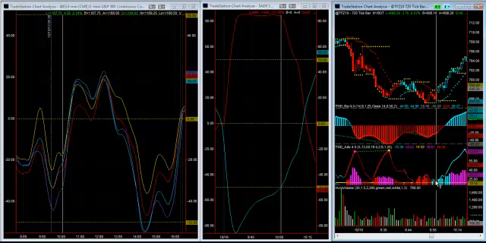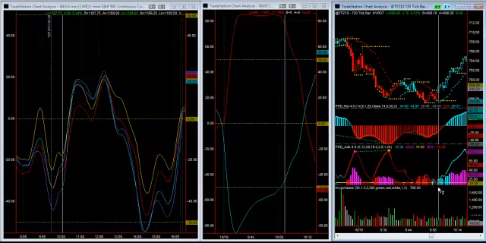Okay, then you got sellers trying to come back into the market. They were unsuccessful at controlling the market. Buyers came back in, took control. At the same time, your declining issues are going down, the advancing issues are going up, so is your ADX.